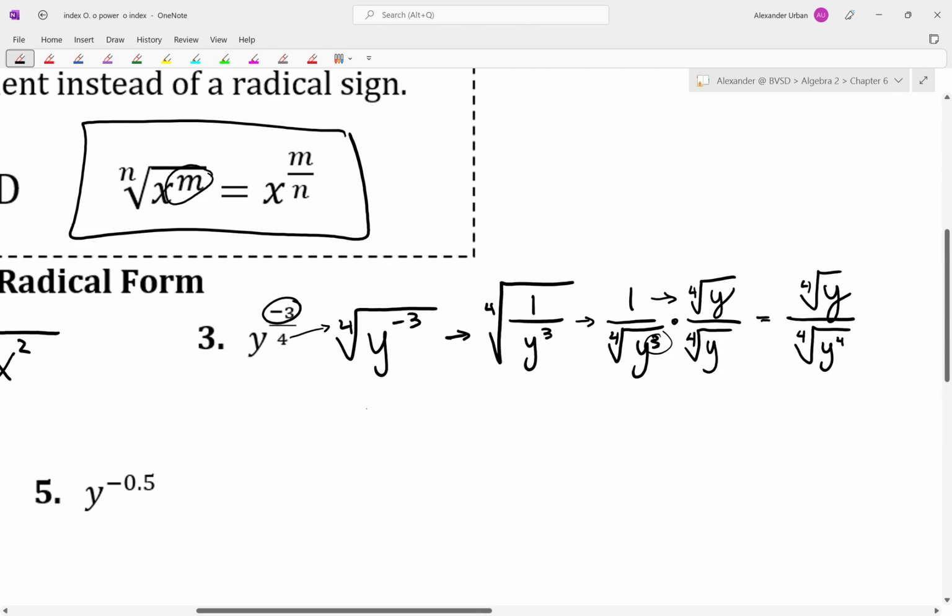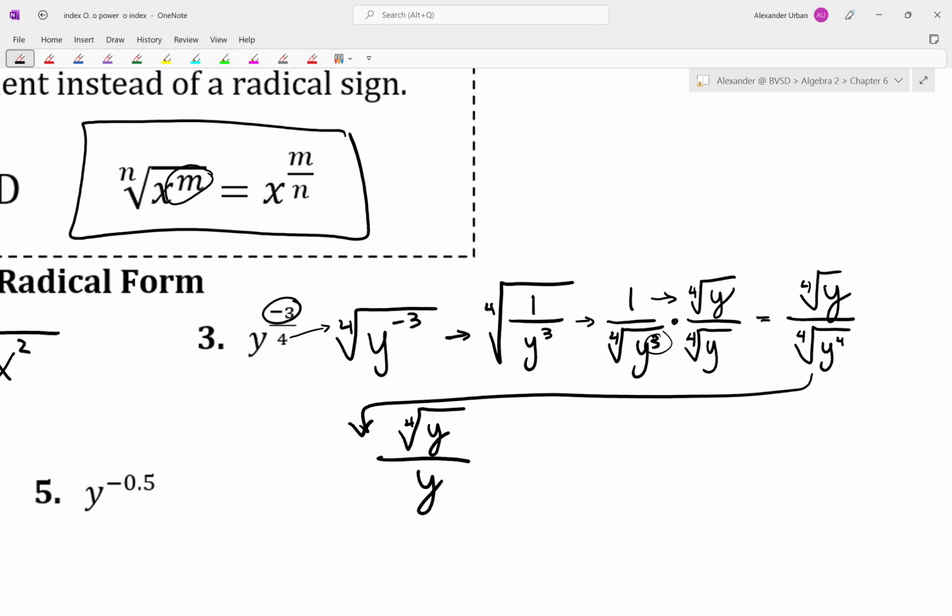So I'll bring this back down here. The 4th root of y divided by just y, because what happens here is the 4th root and the 4th power, those are going to cancel each other out, and we're going to end up with this final simplification.